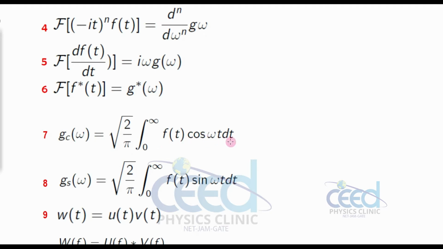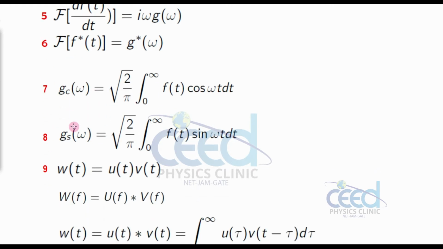Suppose you have a function f of t; its Fourier cosine transform is root 2 by pi integral 0 to infinity f of t cos omega t dt. In a question you will be given the value of this f of t, suppose it is an exponential or any function. Then you do this and you get the Fourier cosine transform of the function.